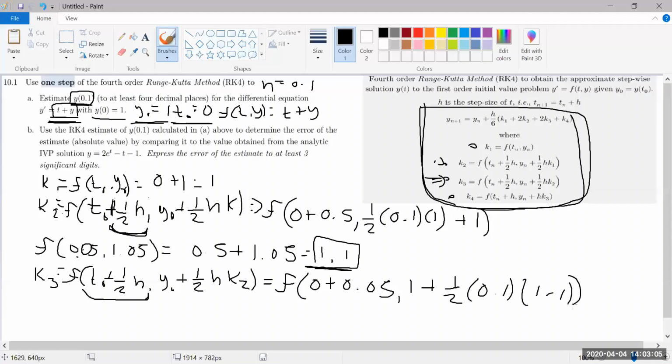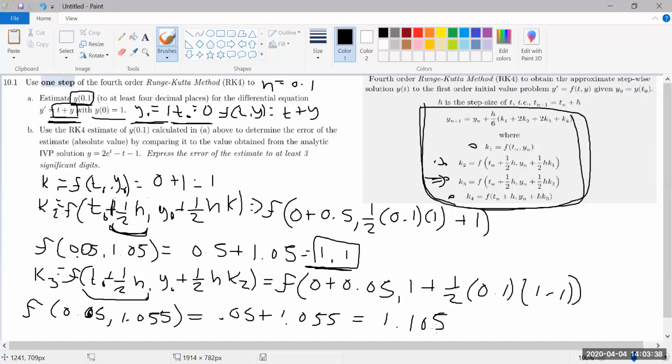When you plug in all those numbers, you should get your function evaluated at 0.05 and 1.055. So we have 0.05 plus 1.055, and you should get 1.105 for your K3.